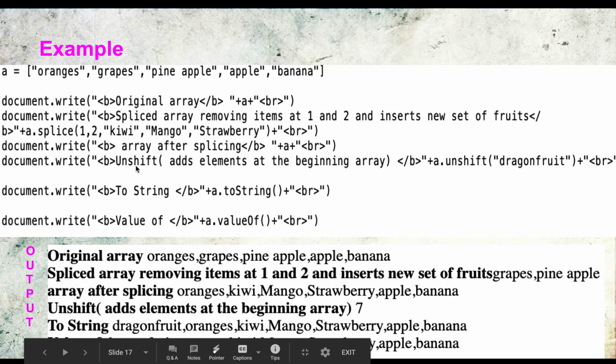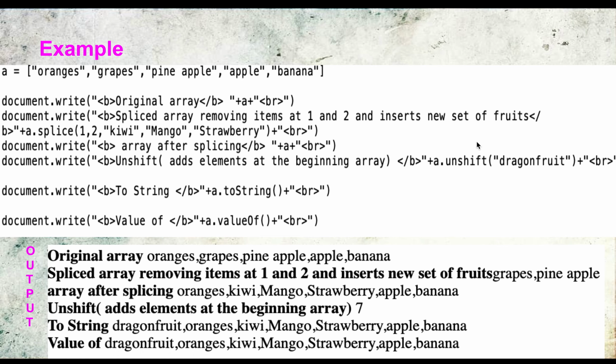Next is using unshift. Unshift adds elements at the beginning of the array. So unshift of, here I have added only dragon fruit. You can add more than one fruit here, and as you can see, unshift always returns the number of elements after adding the new element, that is, the total number of elements in the array.